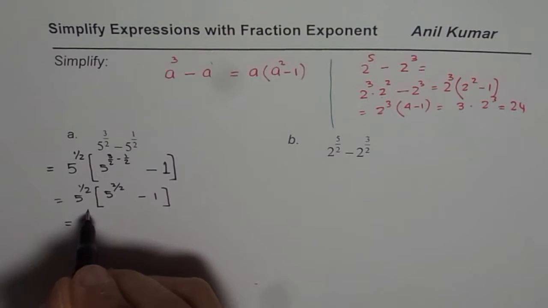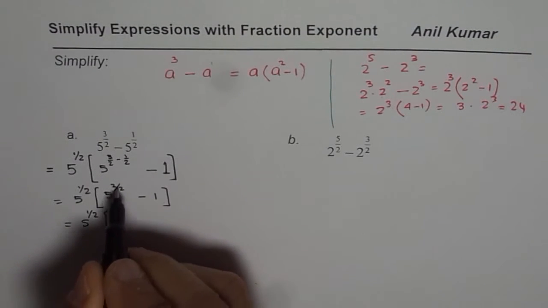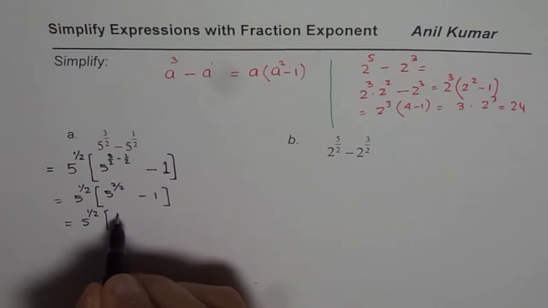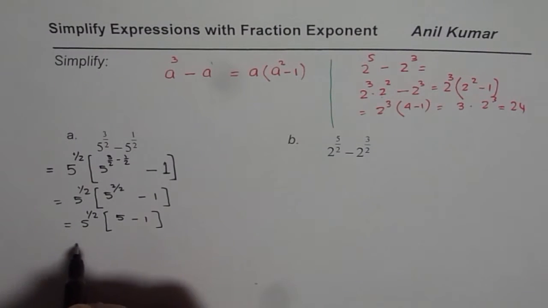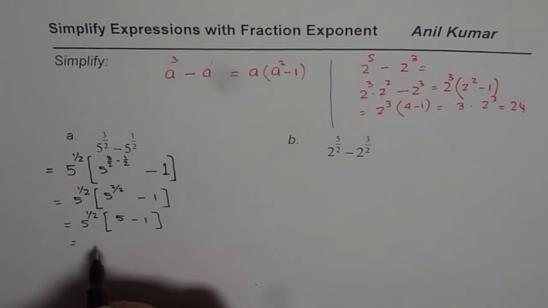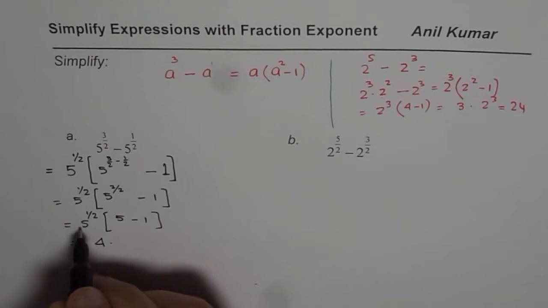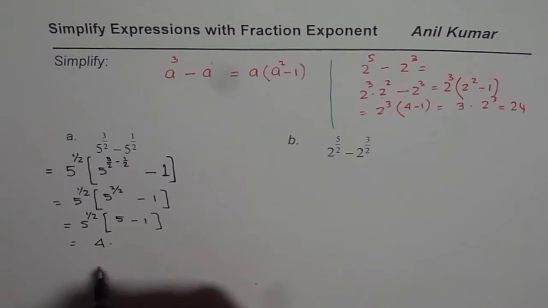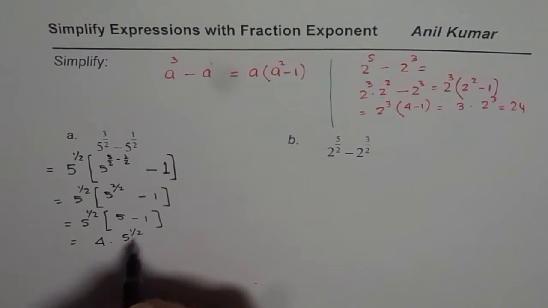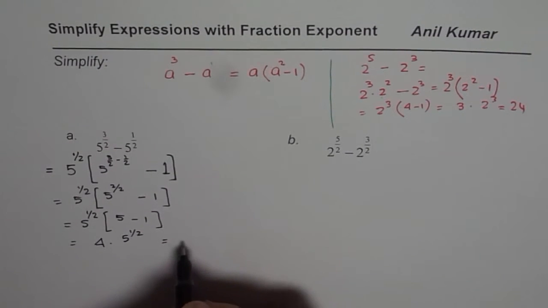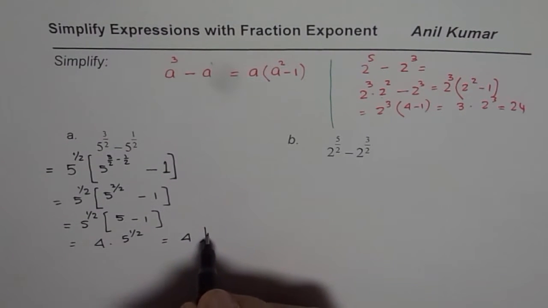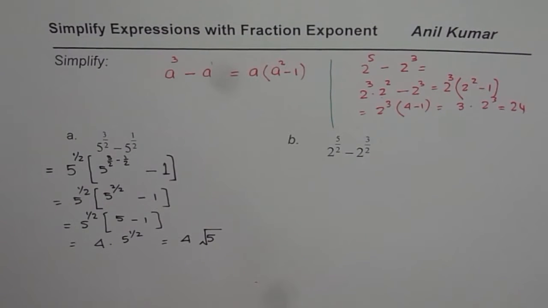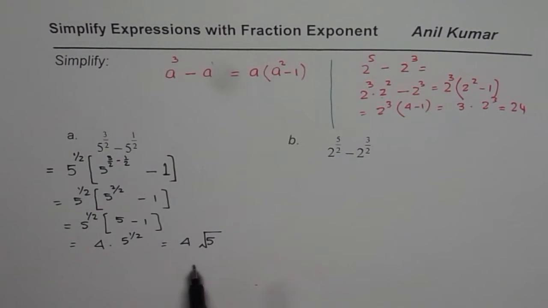So this is half, and 5 to the power of 1 is just the number 5, minus 1. Now 5 minus 1 is 4. So you get 4 times the square root of 5, or 5 to the power of half, either way. So you could write 4 times 5 to the power of half, or you could also write 4 times square root of 5 as your exact solution. This is how it simplifies.